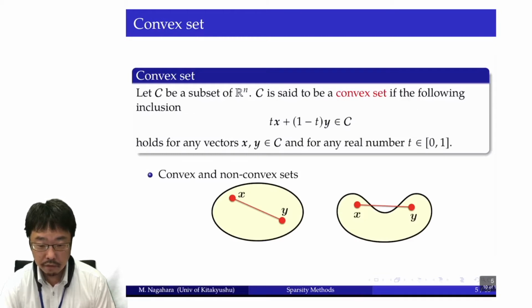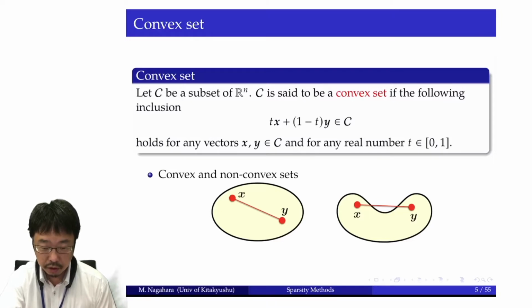So let's review convex optimization briefly. First, we define convex sets. Let C be a subset of Rn. C is said to be a convex set if this inclusion holds for any vectors x and y in C and for any real number t in this interval.